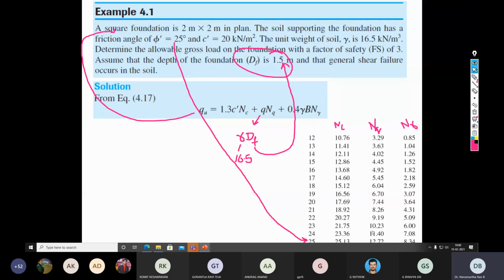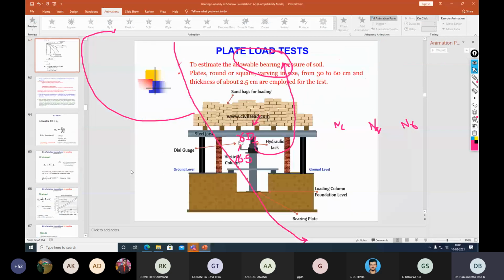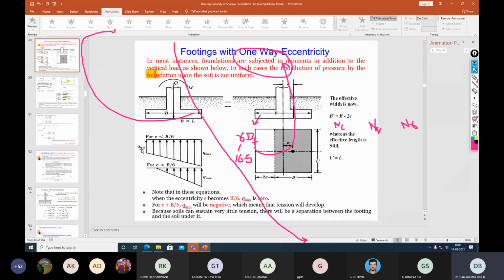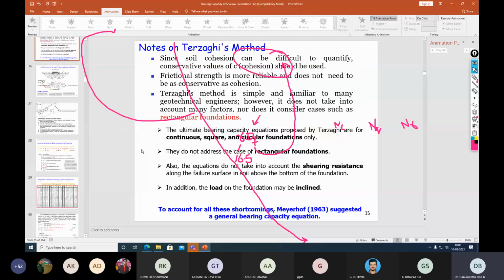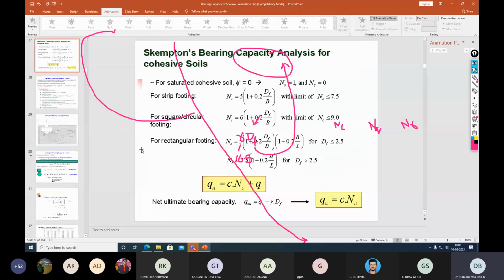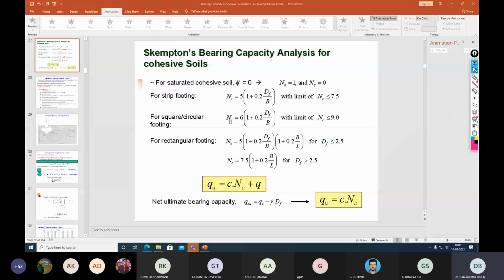Let me show you where that is. This is Skempton's theory, what you are looking at. So this is valid for Skempton's theory, as I told you. What we are discussing is Terzaghi's theory.